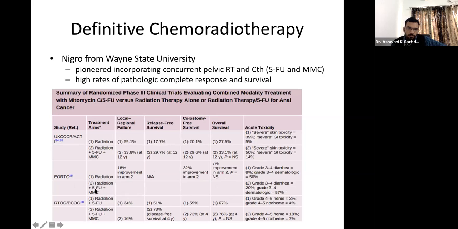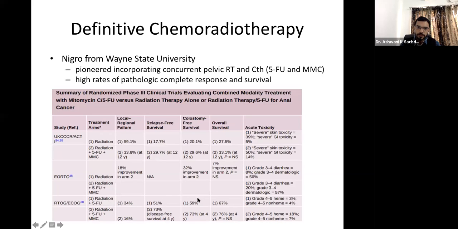Next, the RTOG trial considered whether we can omit MMC and use only 5-FU. So they compared radiation with 5-FU, or chemoradiation with 5-FU and mitomycin C. In this, they again found a higher locoregional failure rate with only 5-FU, and better relapse-free survival, better colostomy-free survival, and better overall survival when mitomycin C was added to radiation therapy, although it was associated with higher toxicity.